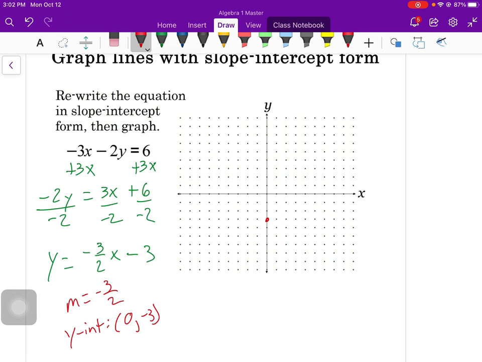So -3/2 is down 3, right 2, down 3, right 2. I'm out of room going that way. Instead, I could go up 3, left 2, a whole bunch of times.